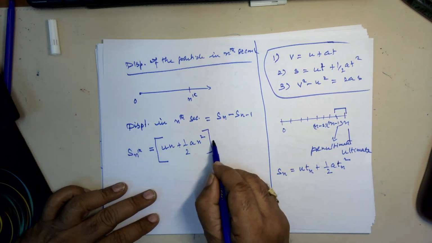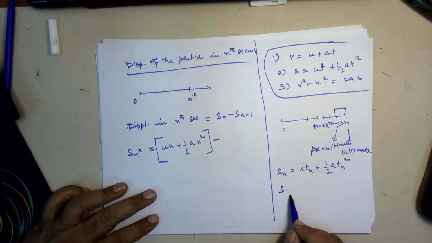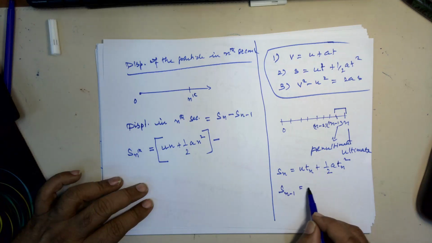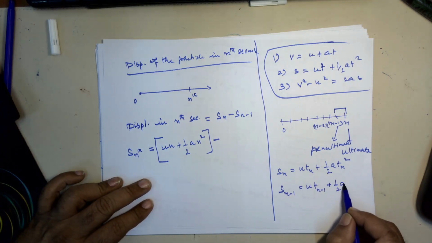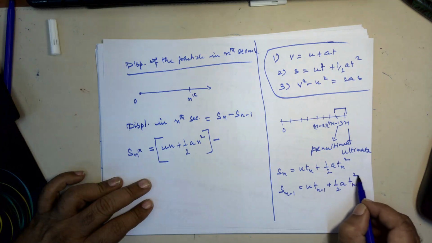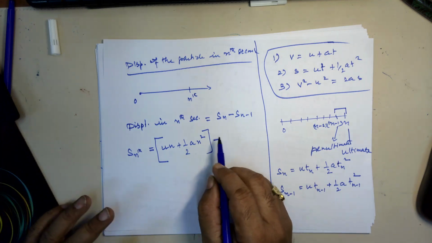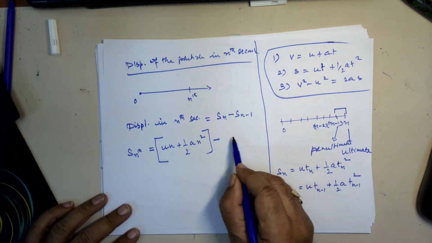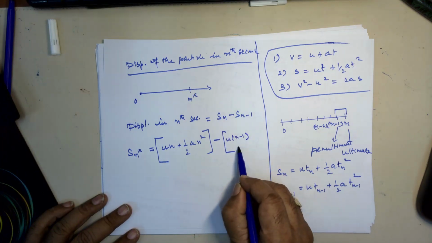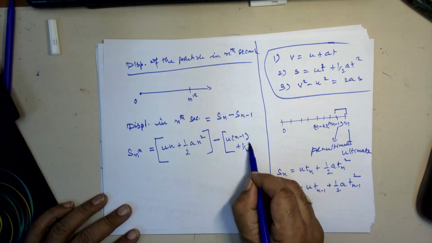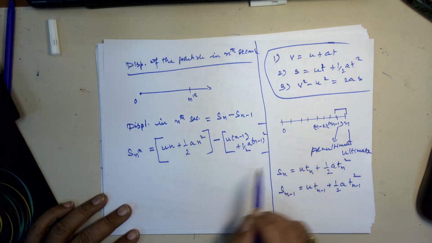Okay, close it. And then instead of t, you have to put n minus 1. Do you understand? So Sn minus 1 is u into t n minus 1 plus half into a t n minus 1 squared. So instead of t n minus 1, I am putting simply n minus 1, so that it will be easy for you to understand. Therefore, u into n minus 1 plus half into a into n minus 1 the whole square. Close the bracket.